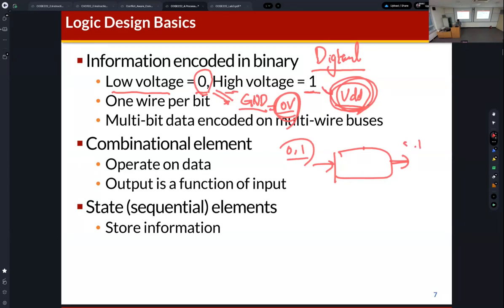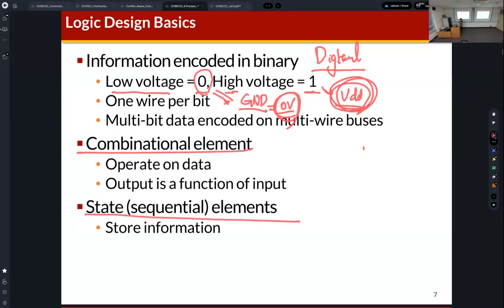This is our digital system. When we build a digital system, we can classify the electric circuits into combinational elements and sequential elements. If you took the digital logic design course, you need to understand combinational and sequential elements.